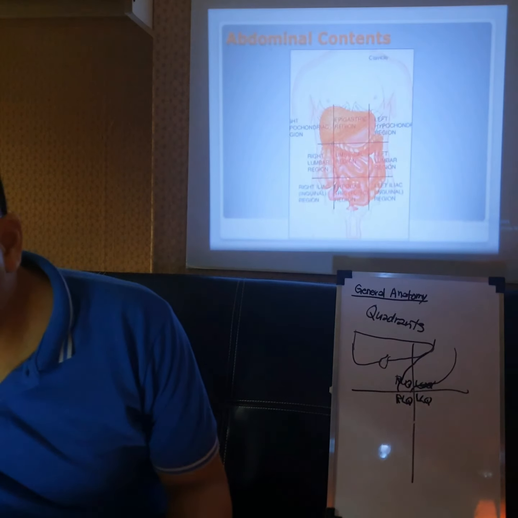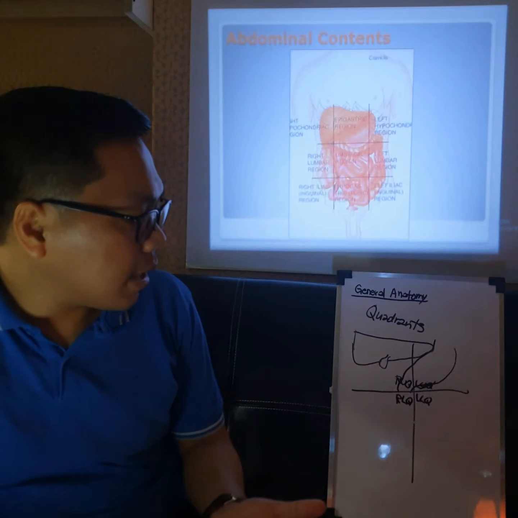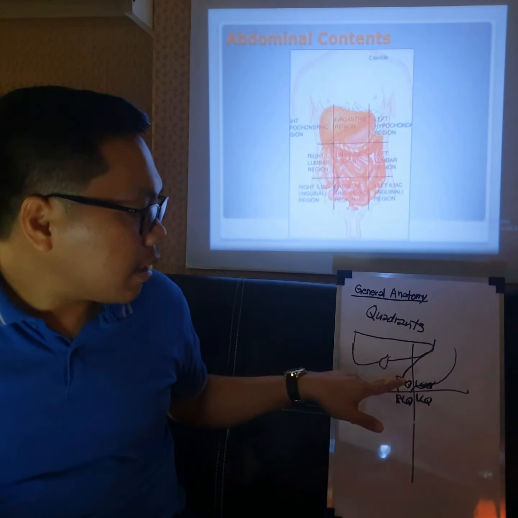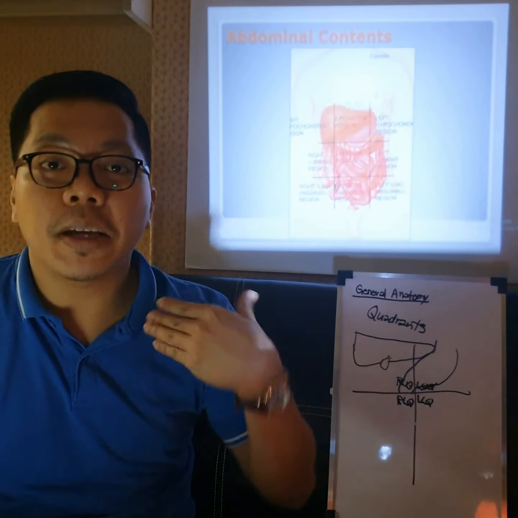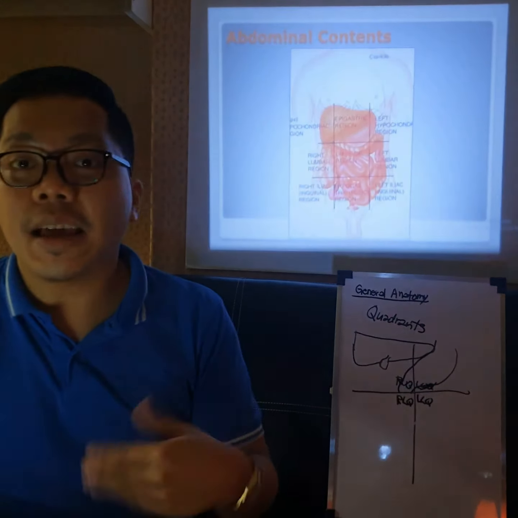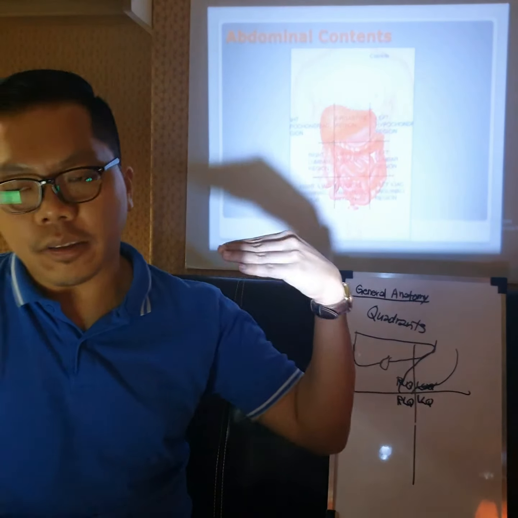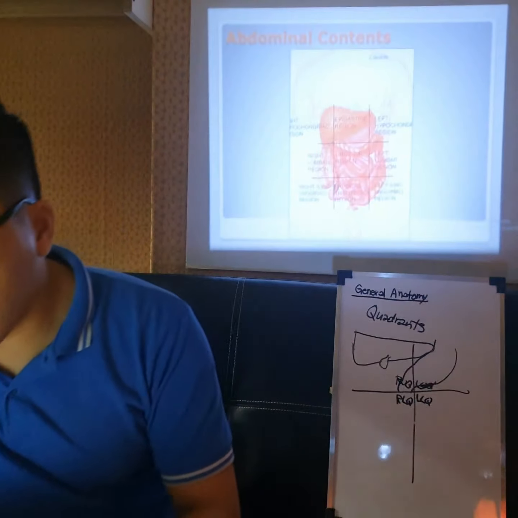So if tatanungin ka saan siya makikita, both right upper and left upper. Pero if ang tanong is majority, saan mo siya makikita, then your answer would be left upper quadrant because it deviates to the left side of the body.